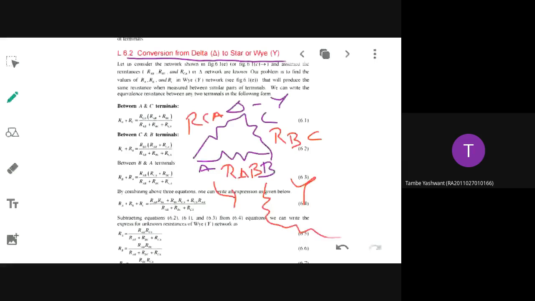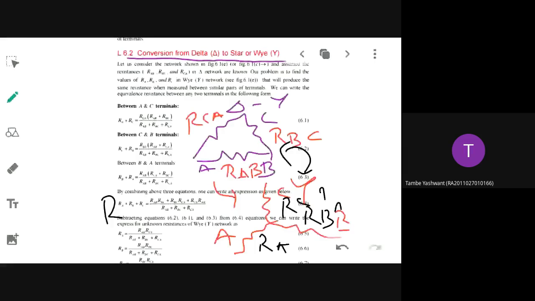Again, A, B, C are the terminals. The markings are RA here, RB here, and RC here. These resistances you want to find out. So the unknown values RC, RA, RB are given by certain formulae, which are listed over here.